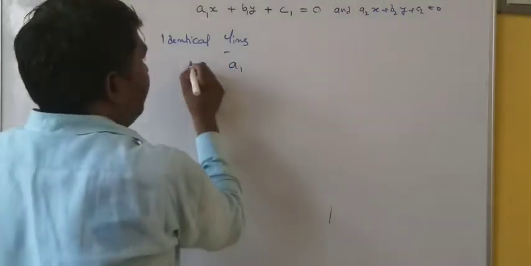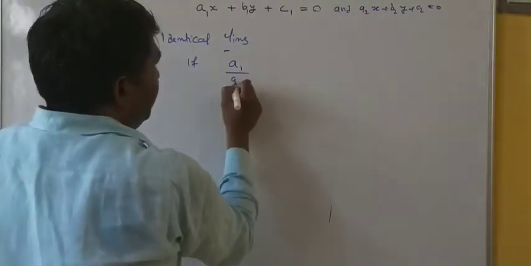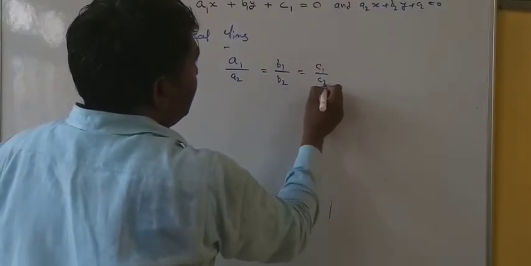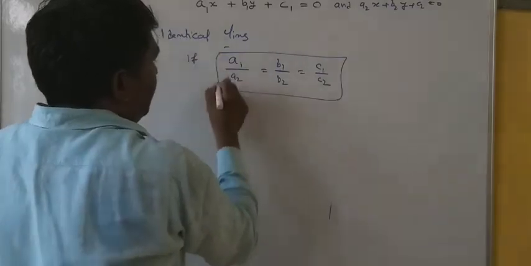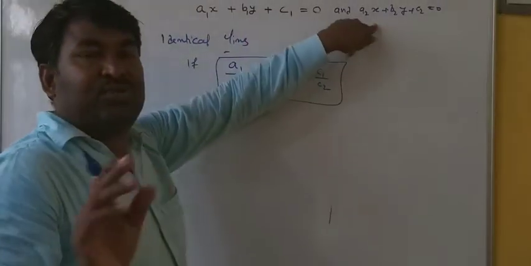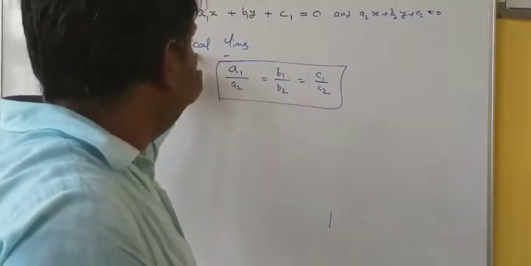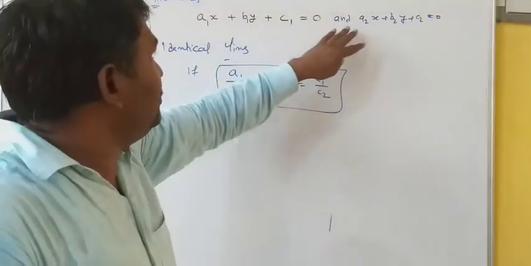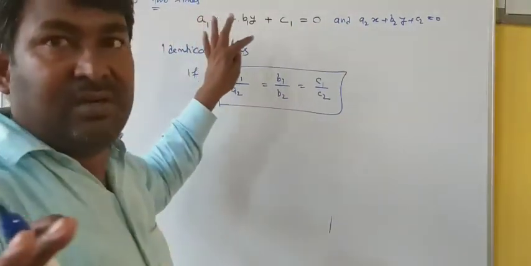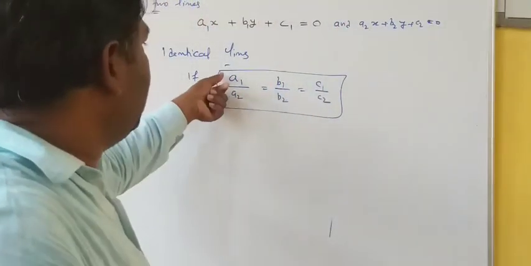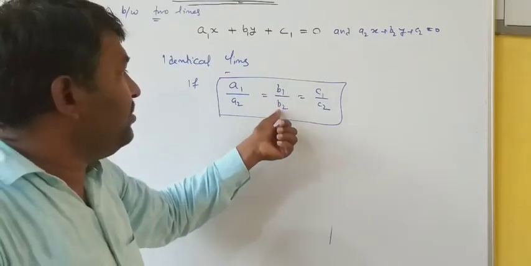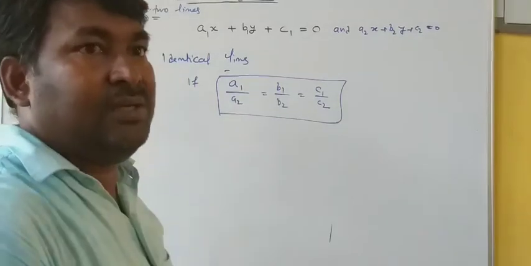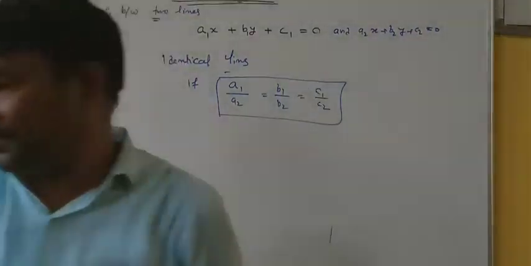If a1 upon a2 is equal to b1 upon b2 is equal to c1 upon c2. If there are two lines and you have to check whether these two lines are identical or not, then just check the ratios of their coefficients of x, y and constant terms. So if a1 upon a2, b1 upon b2, c1 upon c2 are equal, then the two lines are said to be identical.